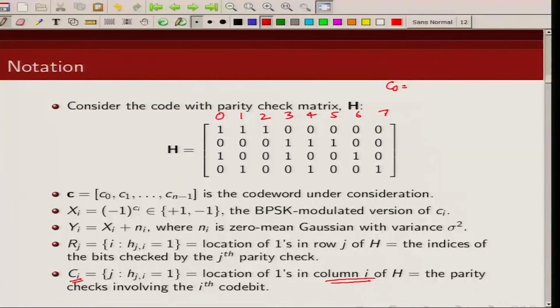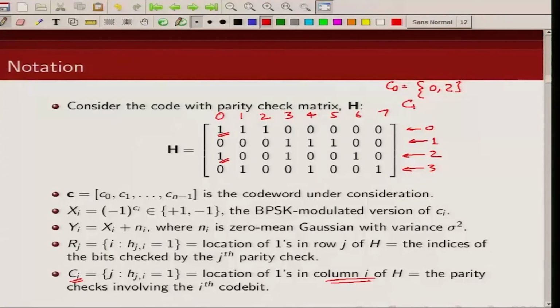So, C0 is, let us just call the equations 0, 1, 2 and 3. If you look at column 0, you can see this bit is participating in the 0th parity check equation and the second parity check equation. So, C0 will be 0 and 2.